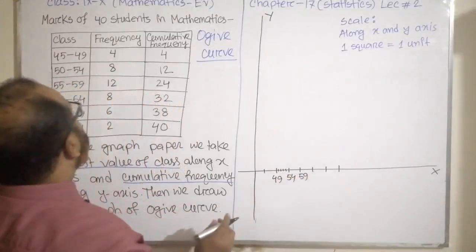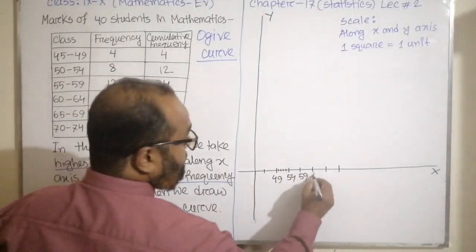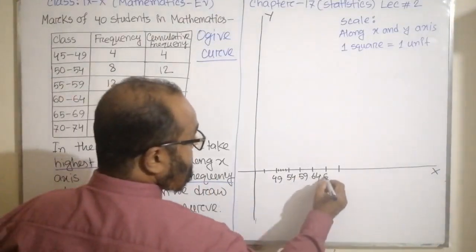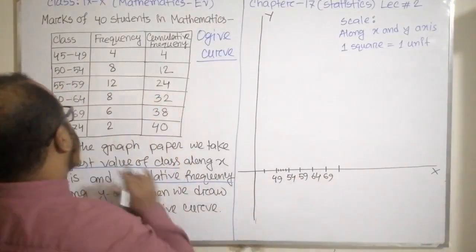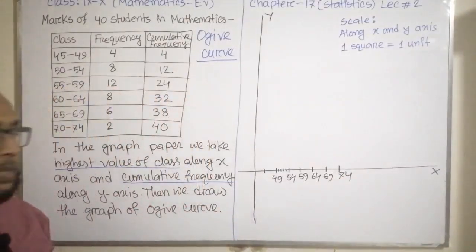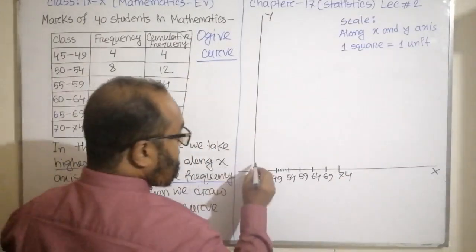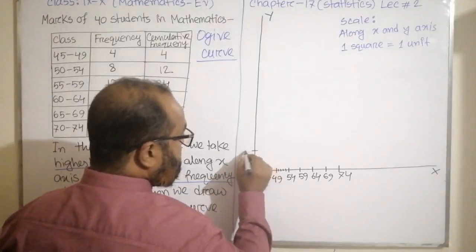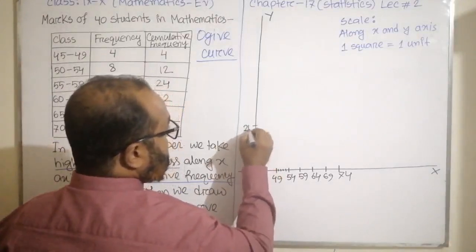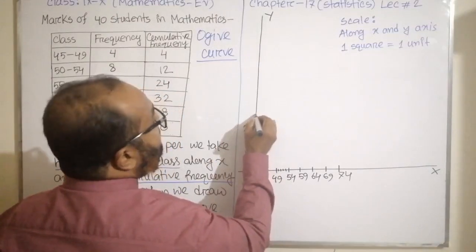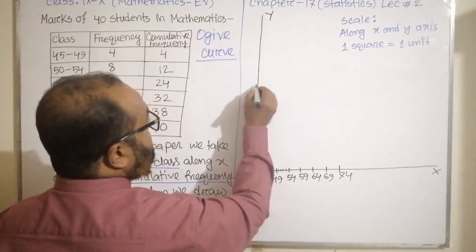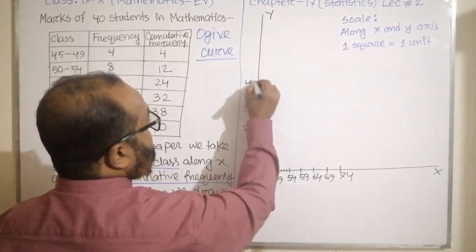And then this is 64. And then this is 69. Finally 74. Okay, here on the y-axis this is 5, this is 10, this is 15, this is 20, 25, 30, 35, 40.